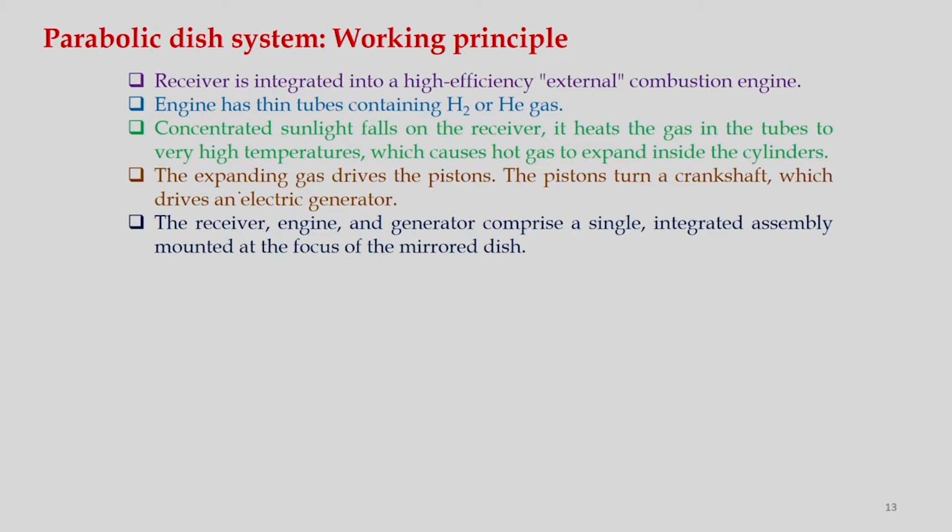Okay. This expanding gas drives the piston, and then the piston turns a crankshaft which drives an electric generator. Okay. The receiver, engine and generator comprise a single integrated assembly mounted at the focus of the mirror dish, right.